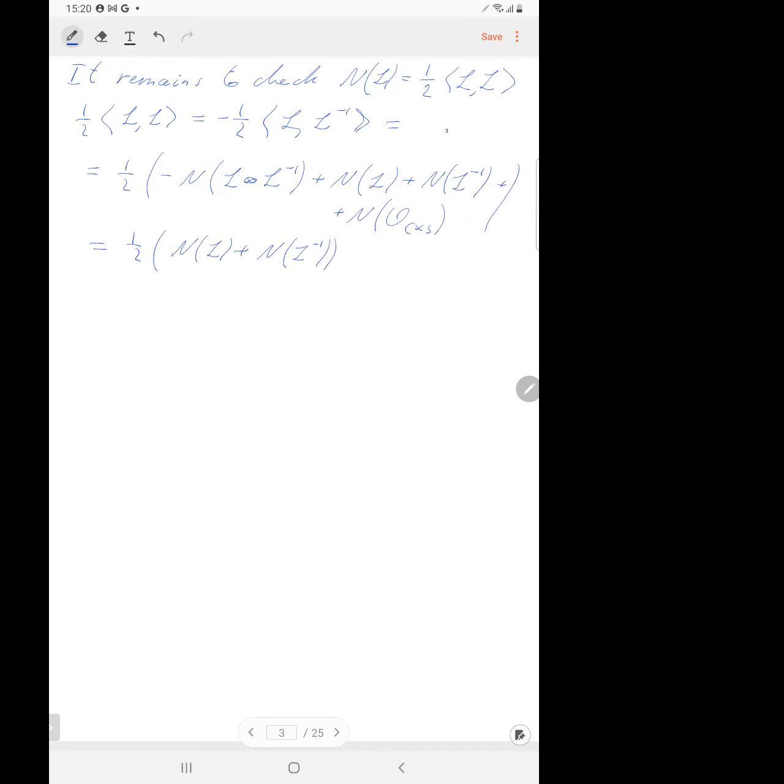So now we need to check the symmetry, that n of L is equal to n of L inverse.